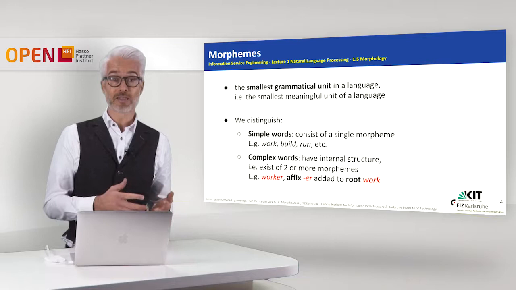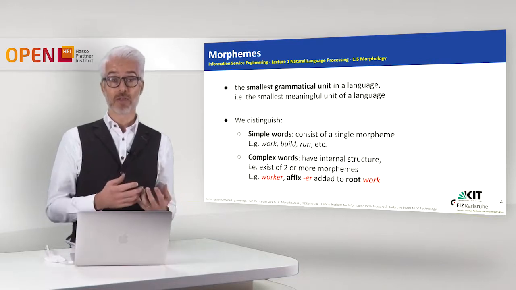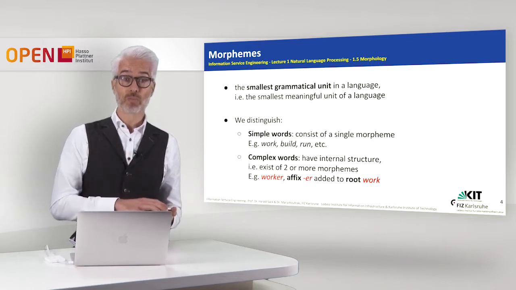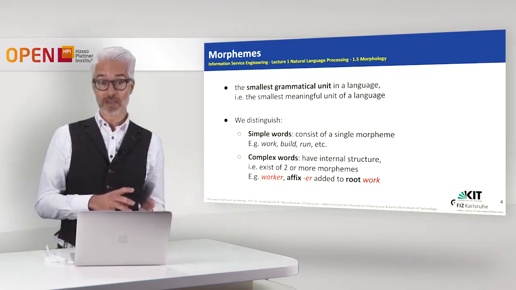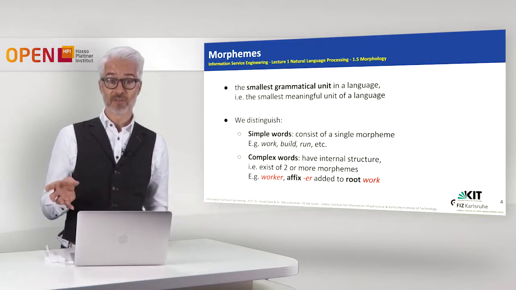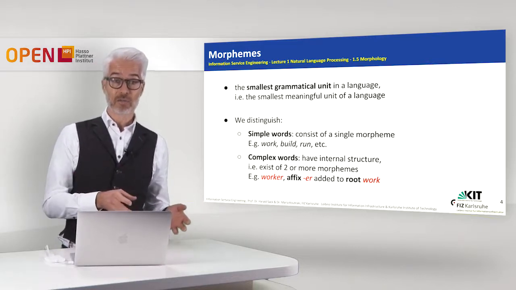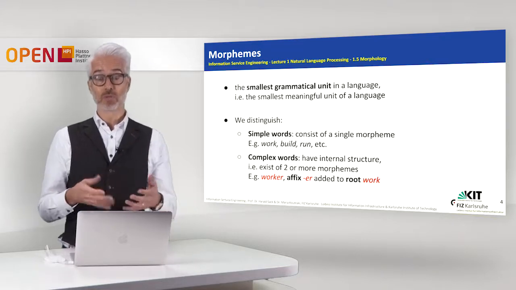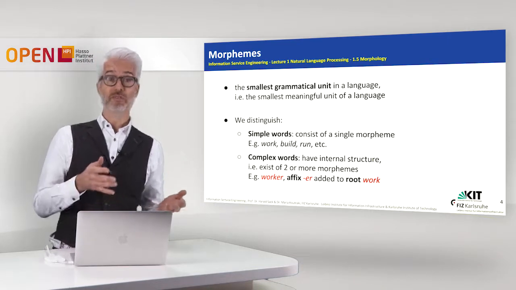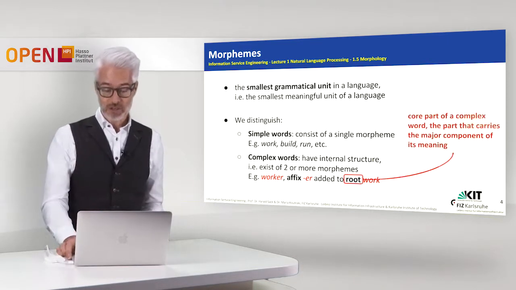And there are complex words which have an internal structure, which means in these kinds of words there exist two or more morphemes. Like for example in worker, there we have the root work, and we have an affix er, which changes the root work, which might be a verb or also a noun, to the worker. So the meaning changes.